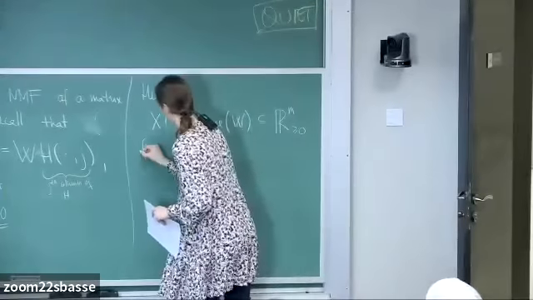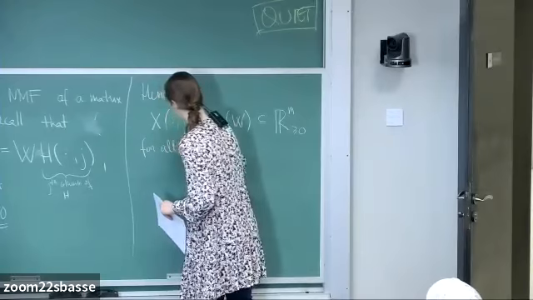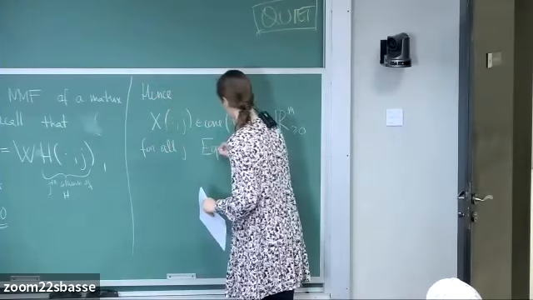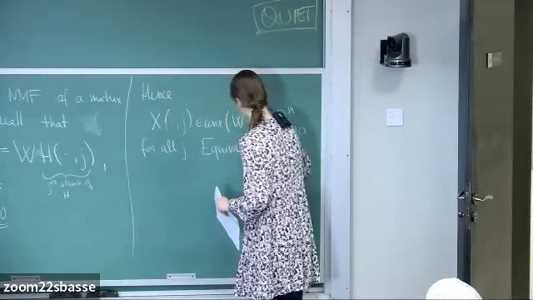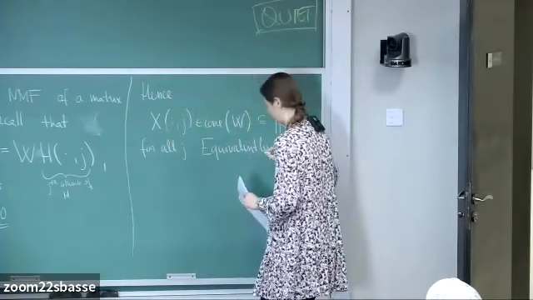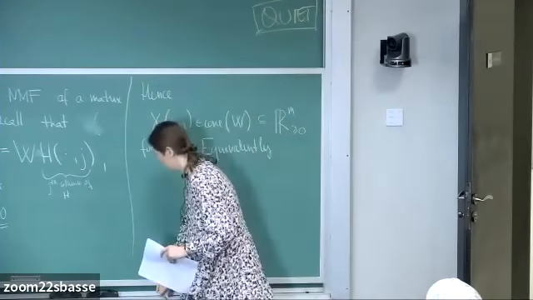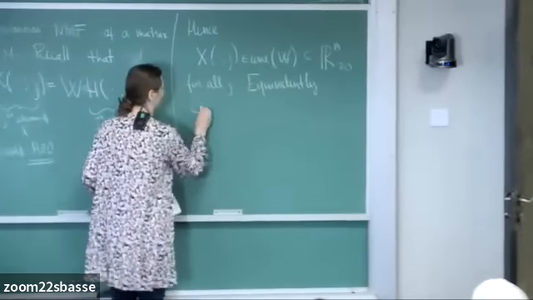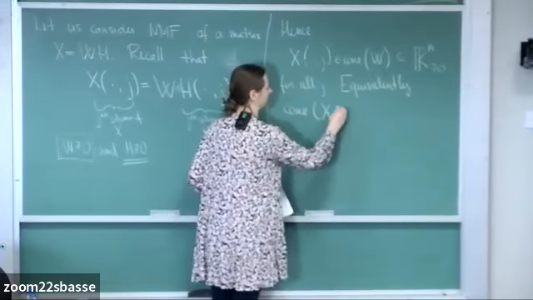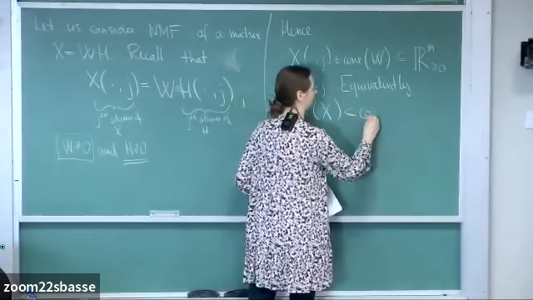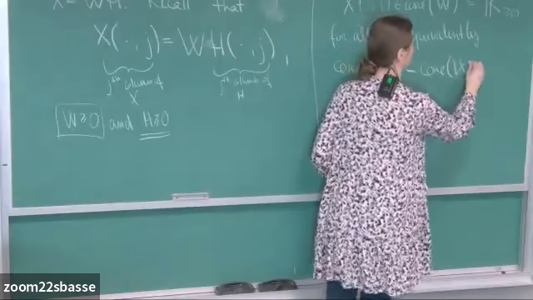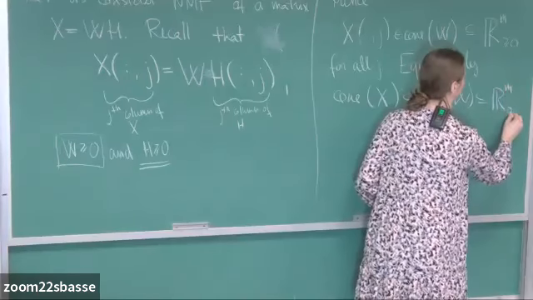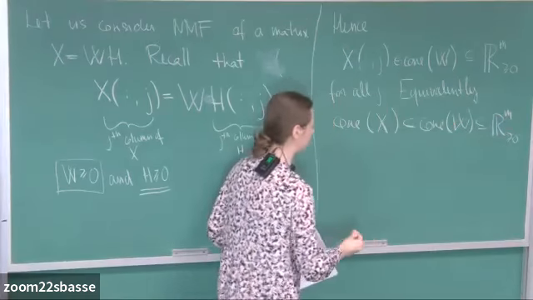So for all j, and equivalently, let's write it in terms of cones: cone of X is contained in cone of W, which is contained in the non-negative orthant. This will be an exercise.